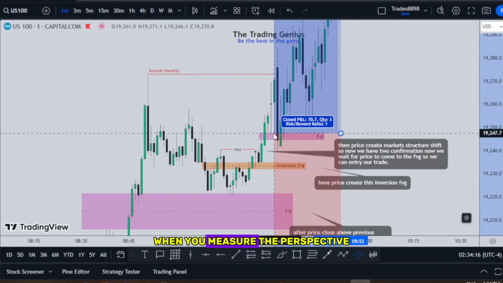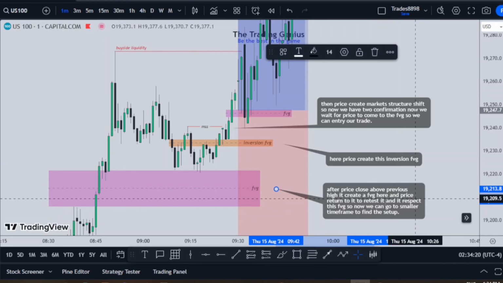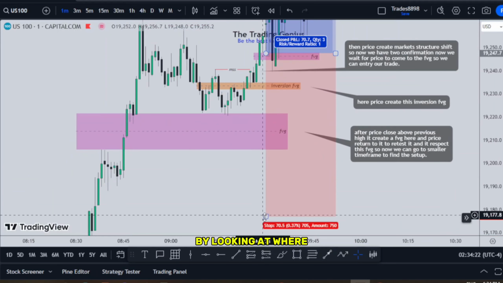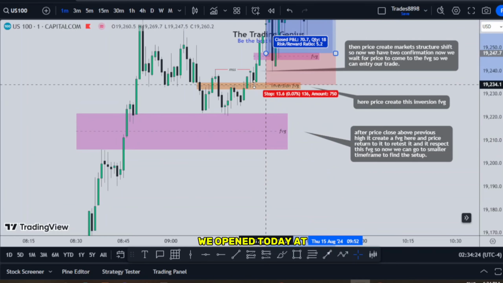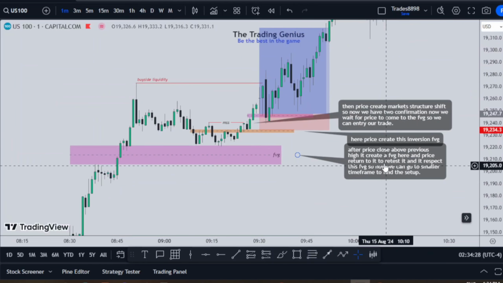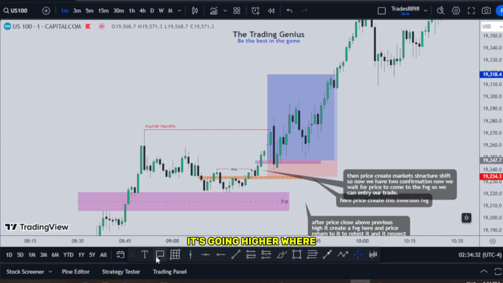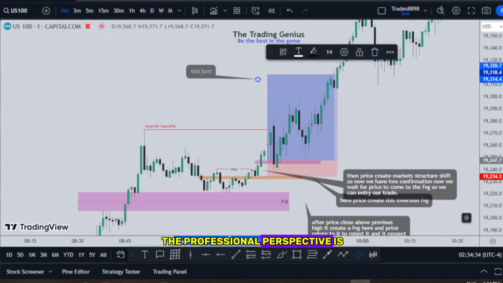So when you measure the perspective by looking at where we opened today at 9:30 related to how we closed, the public's perspective is it's strong, it's going higher. Where the professional perspective is, what do we do from the opening price and how do we close that day?